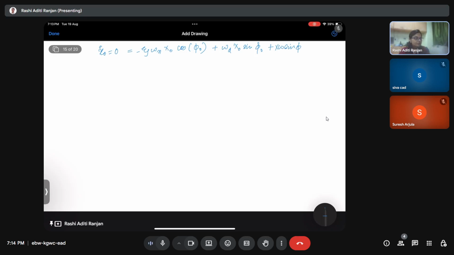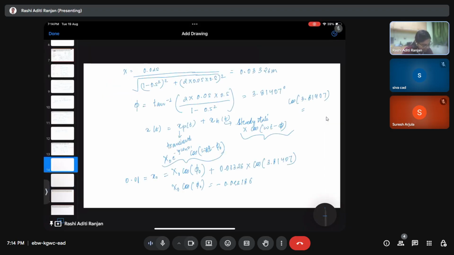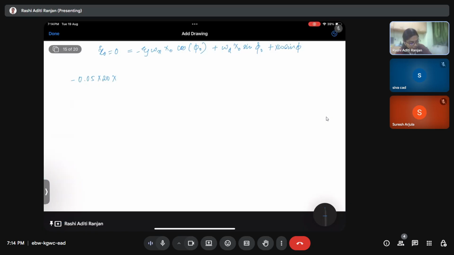So when we put these values, we are going to get the equation as minus 0.05 into 20 into x naught cos phi naught we have obtained over here, minus 0.023186, minus 0.023186 plus 19.975 x naught sine phi naught plus x is 0.03326 into 10. Omega is 10 because it is the forcing frequency, right?